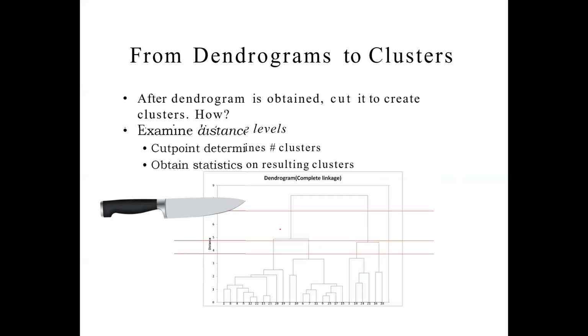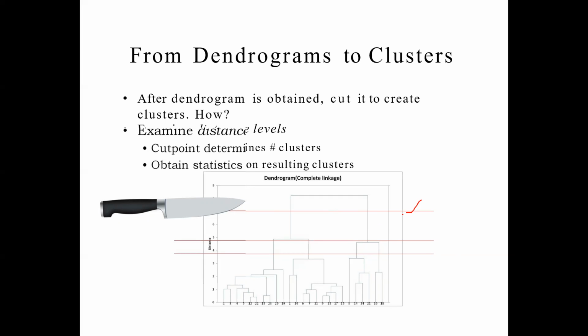After the dendrogram is obtained, cut it to create the clusters. You can decide on one cutting point. Here is one cutting point. As per your application requirement, if your application requires 3 clusters or 4 clusters, you set the cutting point accordingly. For example, in the pizza center example, initially you required only 2 clusters, because you want to open only 2 different centers for servicing the pizza.